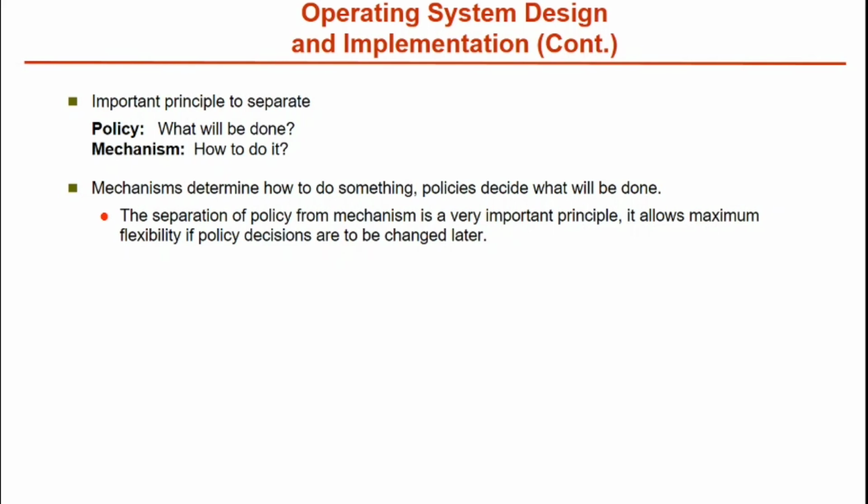So generally, a mechanism that is insensitive to changes in policy would be more desirable. A change in policy would then require a redefinition of only certain parameters of the system. That is the main thing we have seen in policy and mechanism: what will be done and how to do it.